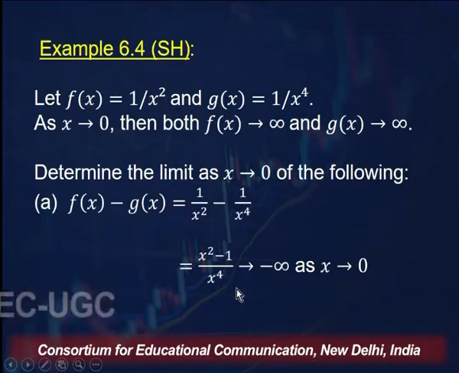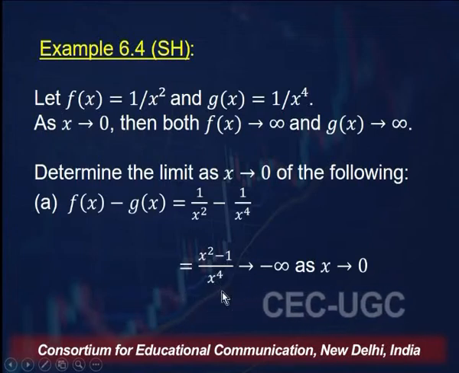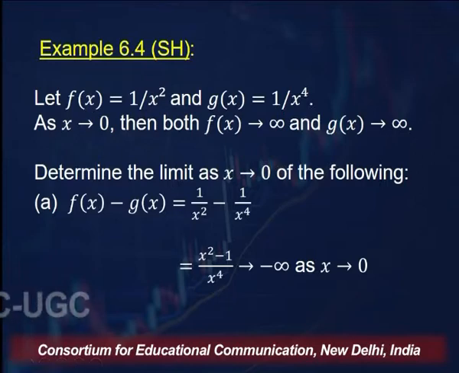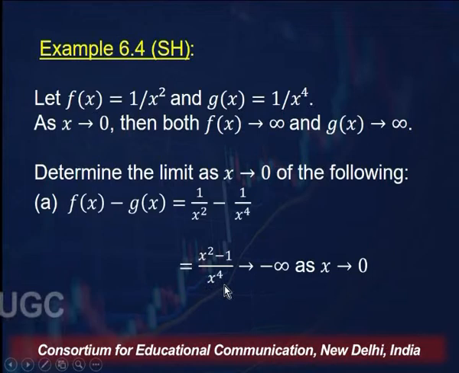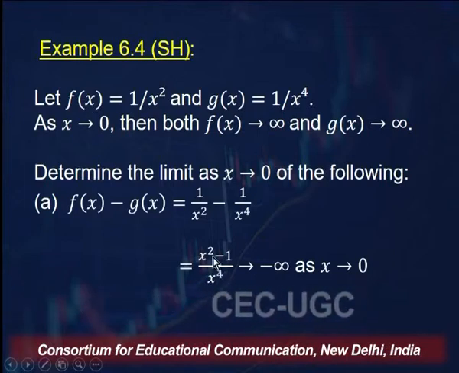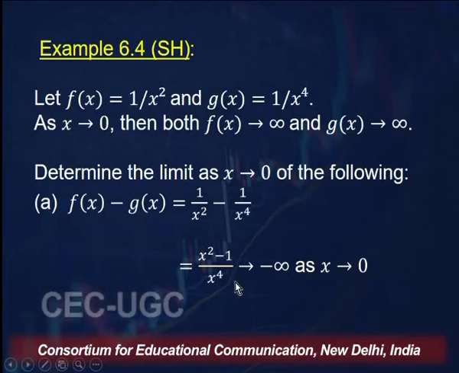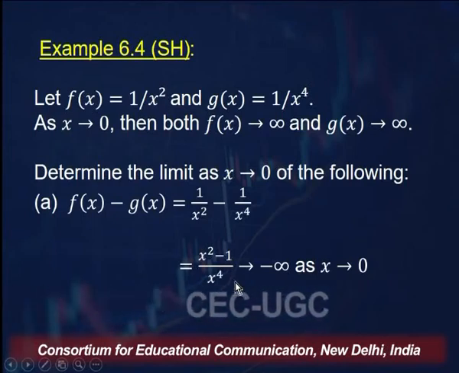And you can see here that this is a situation where the rule that we had built up for the limit of the ratio of two polynomials, for a rational function, comes in: your denominator is becoming 0, because x is tending to 0. And because in the numerator you have a negative sign in front of 1, this entire expression will tend to minus infinity as x tends to 0, right?